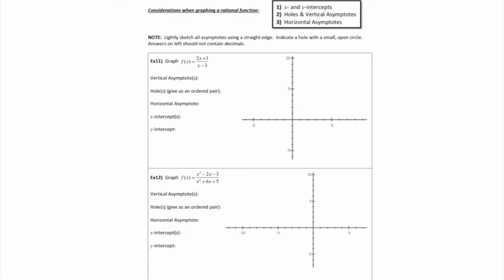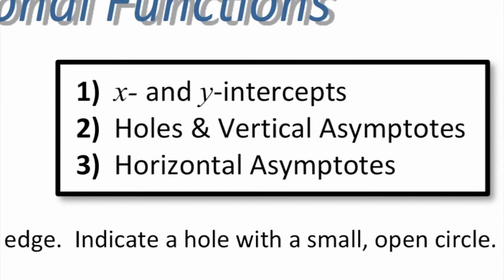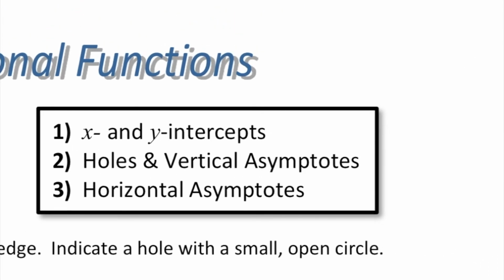But anyway, we're back. So when you are asked to graph a rational function, similarly to the polynomial functions, you want to start by computing the x and y intercepts, just to make sure that you have an idea of where the graph is going to cross the axes. You need to know what are going to be the holes and vertical asymptotes. Remember, that's related to where the denominator is equal to 0.